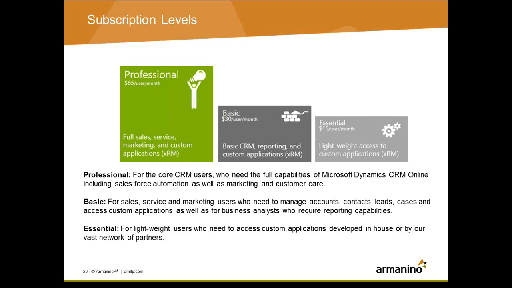And the Essentials is basically getting access to the system through an application interface. So it's basically to import and export data, but not really interacting with the system itself. So a lot more flexibility in terms of pricing the application based on how your users are using the application.